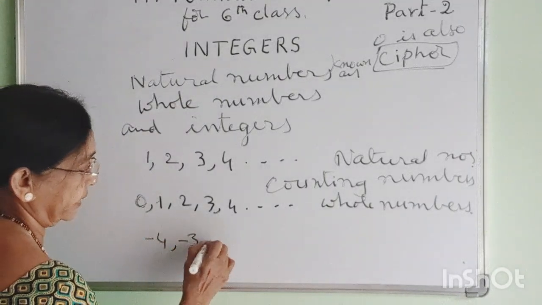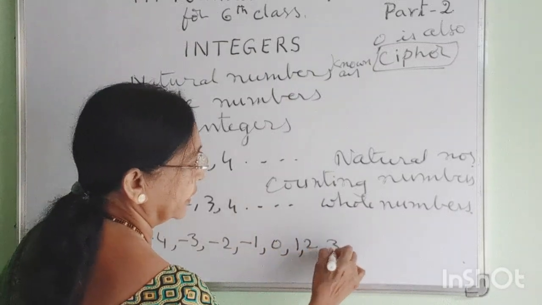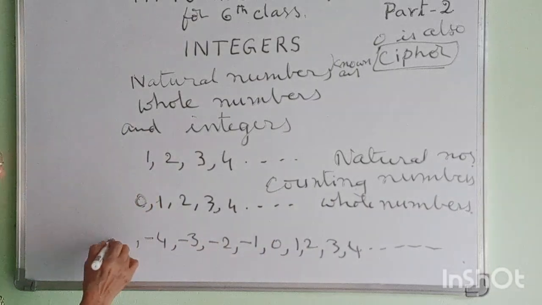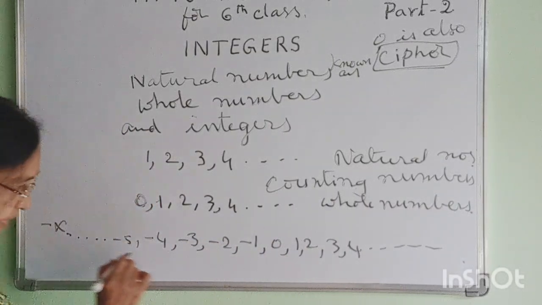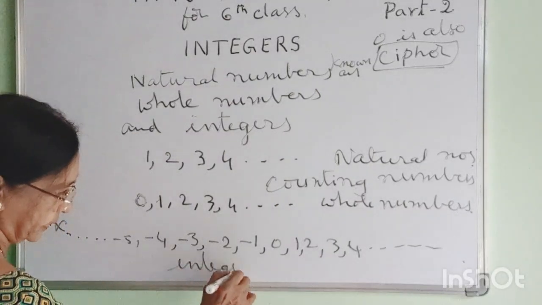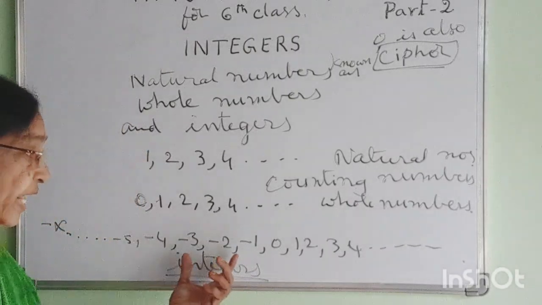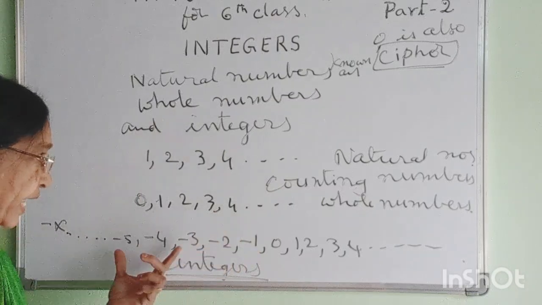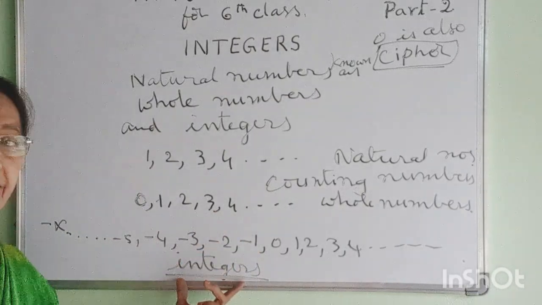-4, -3, -2, -1, 0, 1, 2, 3, 4, etc. up to infinity. On this side -5, etc. up to -infinity. These numbers are called integers. So integers contain negative numbers also. Apart from whole numbers, the negative counting numbers or natural numbers form integers.